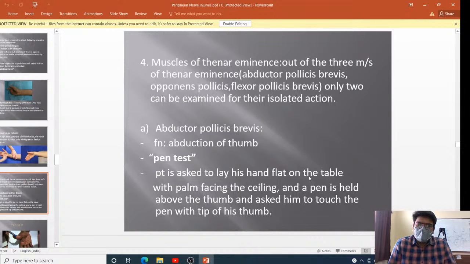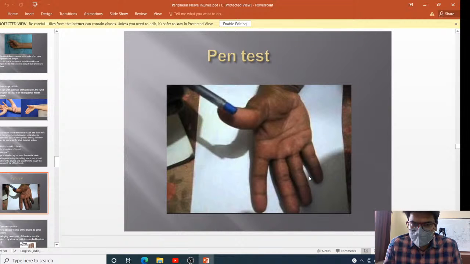The patient is asked to lay his hand flat and advised to touch the pen with the help of the thumb. So this is called the pen test, which is done with the help of abductor pollicis brevis.